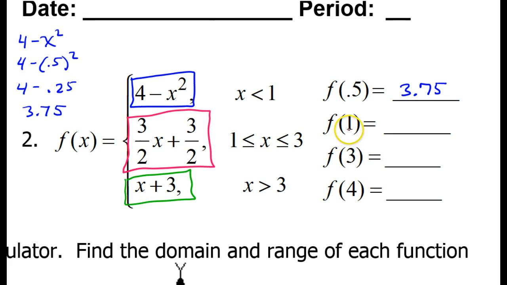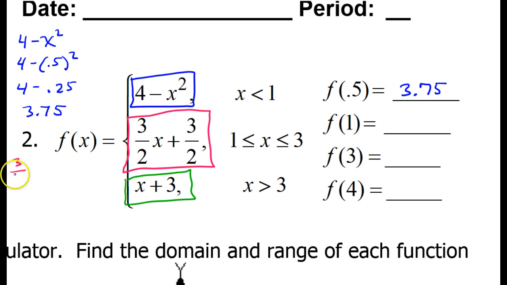Okay, what about an x value of 1? Well, we will use the red function whenever the x values are between 1 and 3, including 1. See the or equal to part? So that tells us we will use this function whenever it equals 1. So we use the red function.